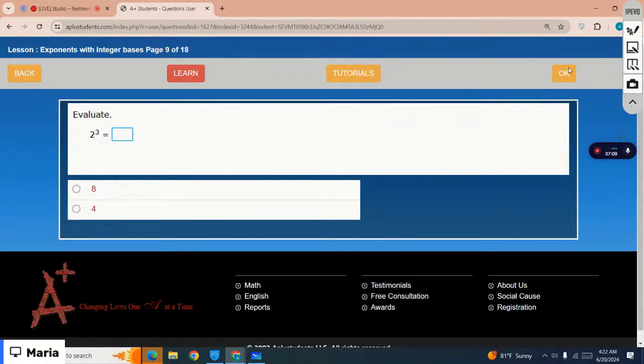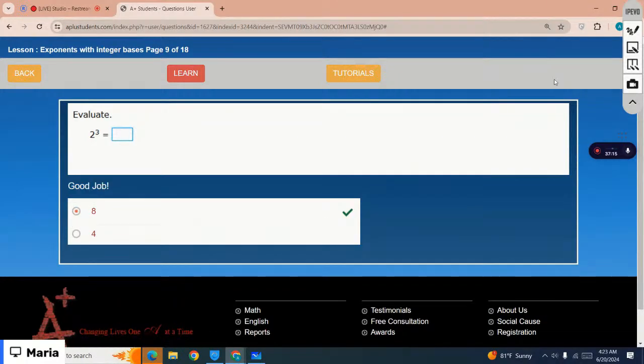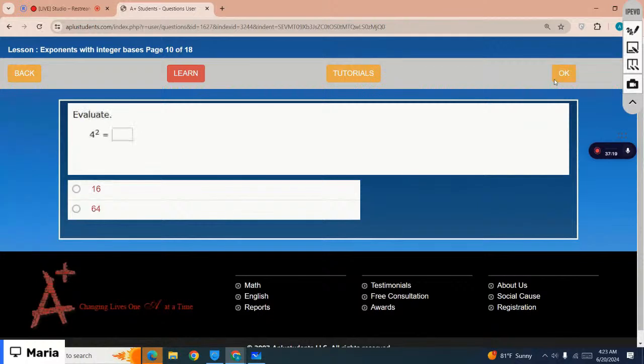Yes, the correct option is 8. 2 times 2 is 4 and 4 times 2 is 8. 4 square, which is the correct option?